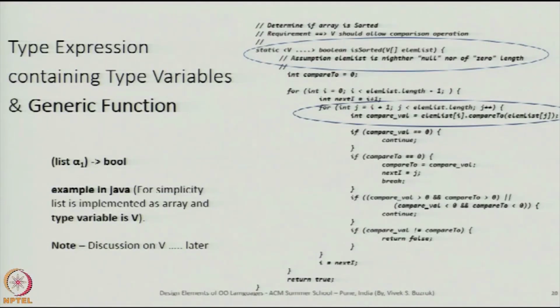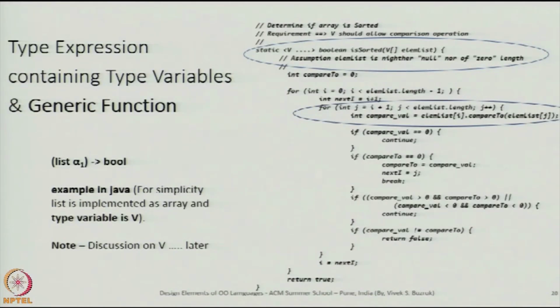What we are doing here is actually using the type system of this v, where it should allow me this compareTo function, and then rest of the implementation you can understand. But the main thing here is that this isSorted can now be used for integers, for strings, anything.